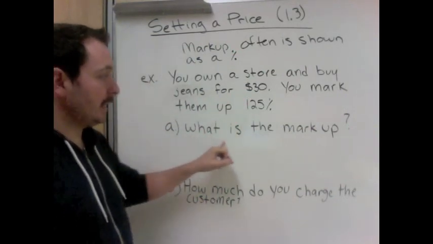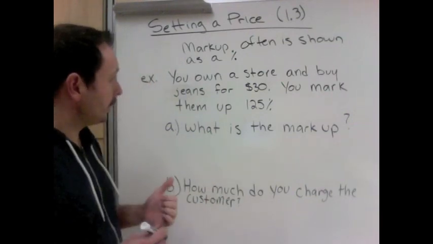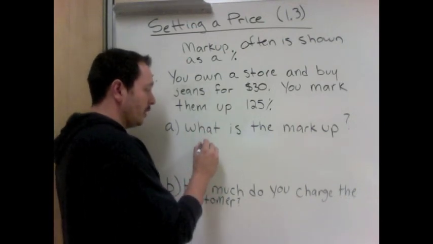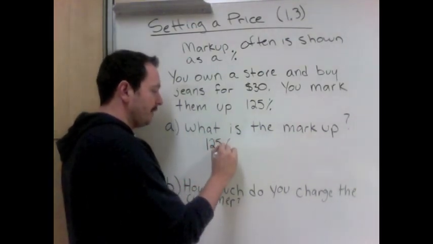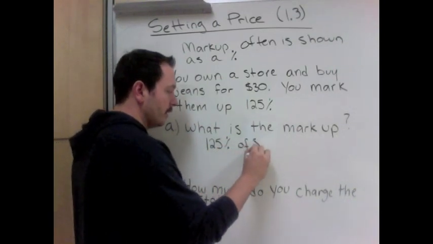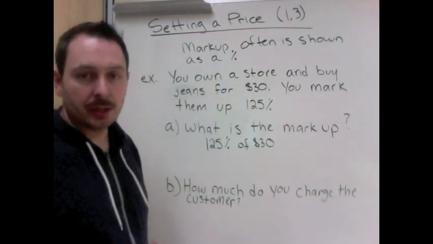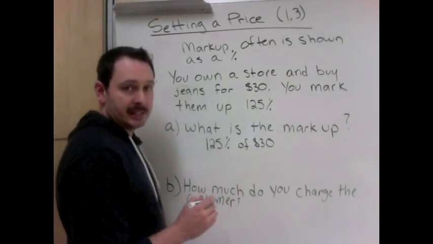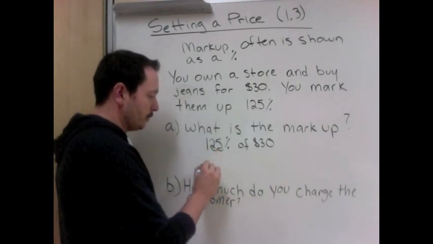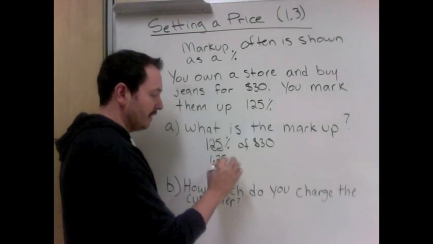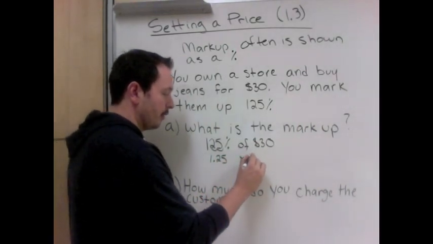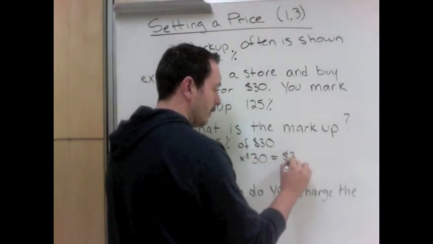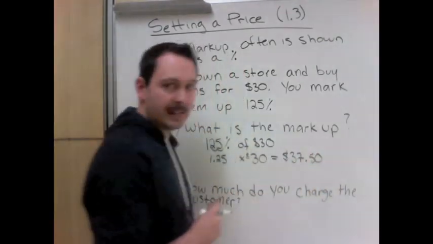So let's look at the first one. What is the markup? Well, we've been working with percents in our last lesson. So in order to find this, what you want to do is find what is 125% of $30. One way we did this last day was using percent in its decimal form. We moved the decimal over 2 spots, so it will be 1.25 of means times $30. Well, that will equal $37.50.